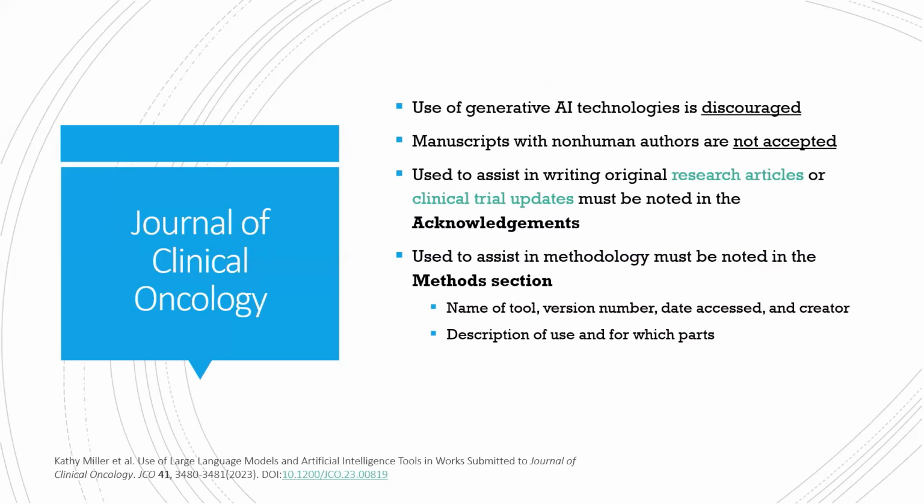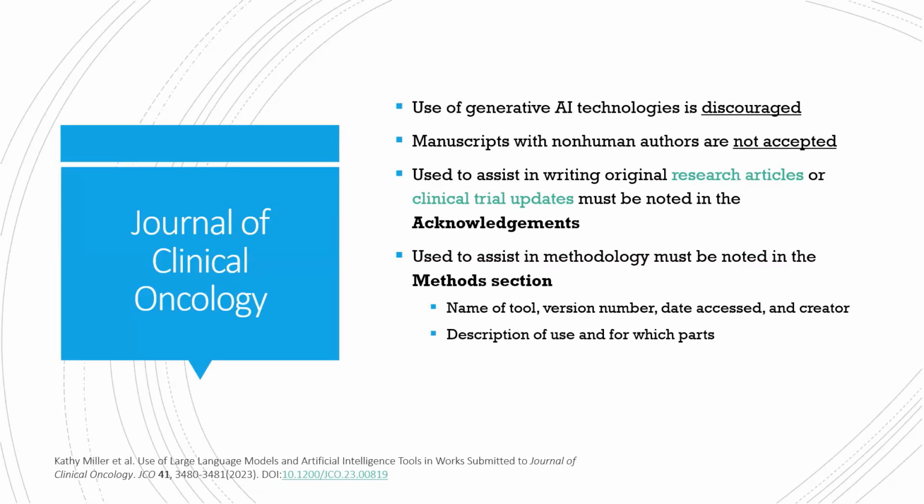Okay, so I wanted to also talk a little bit about the Journal of Clinical Oncology specifically, because ASCO is a very relevant organization, and our authors publish in many of their journals.